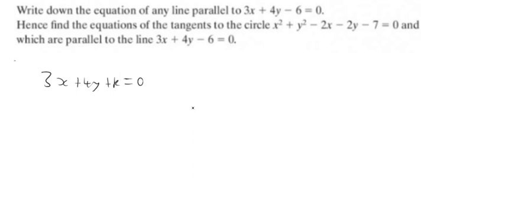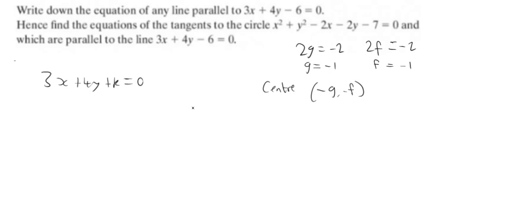I'm going to work out our center here, so 2g would be equal to minus 2, so g is equal to minus 1, and 2f is equal to minus 2, so f is equal to minus 1, and therefore minus g, minus f, that's going to be the center, has to be 1, 1.